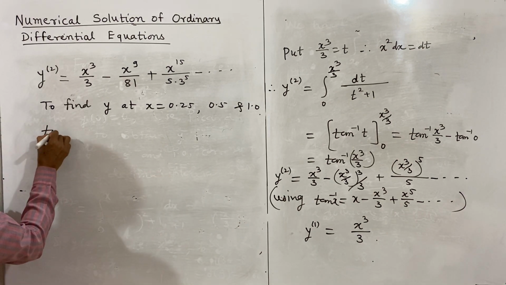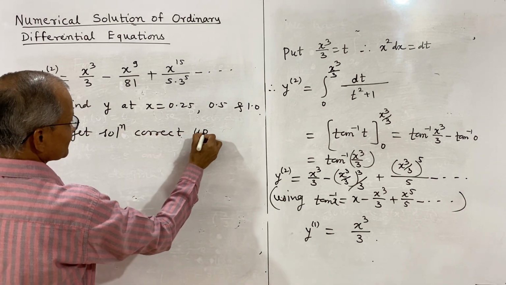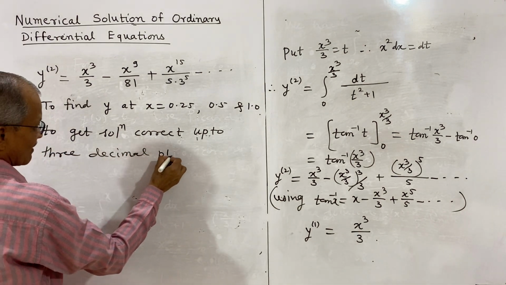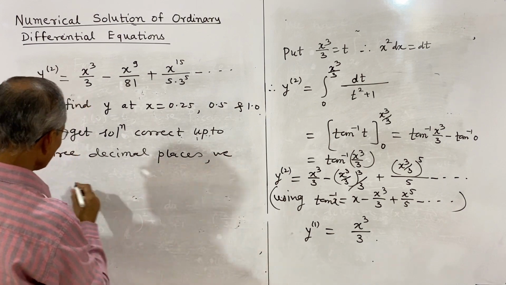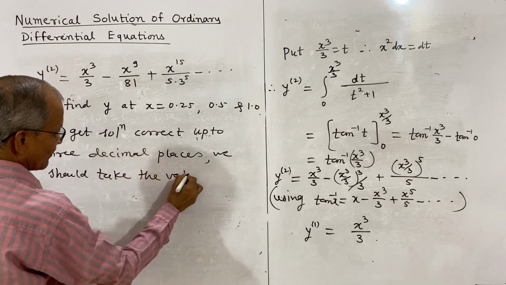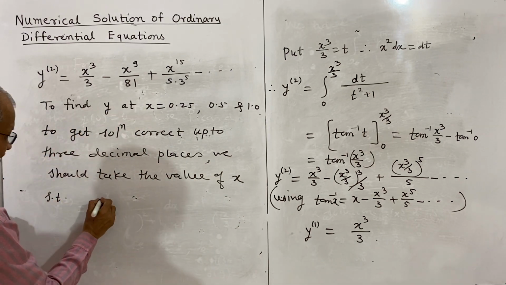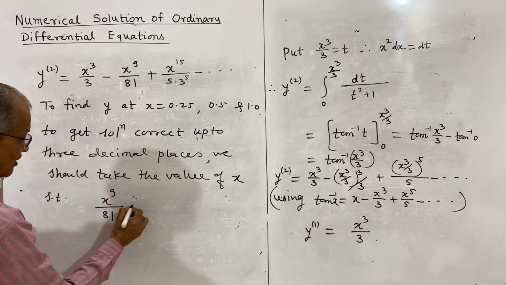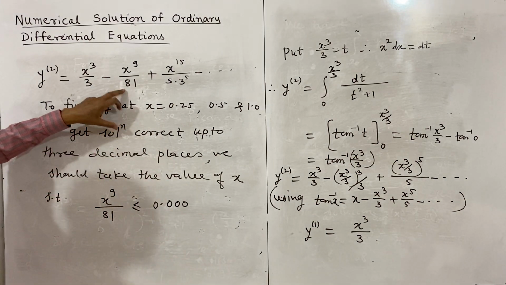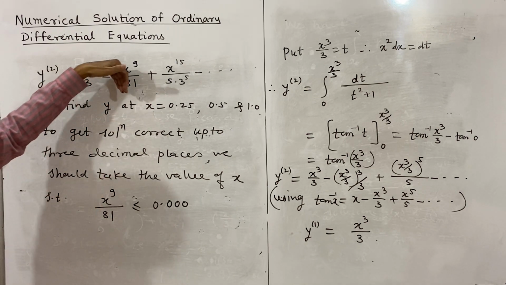To get the solution correct up to 3 decimal places, we should take the value of x such that this term, x power 9 divided by 81, is small enough, so that we can neglect the further terms.